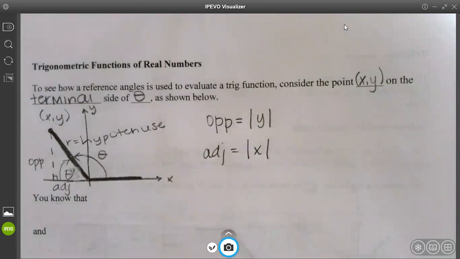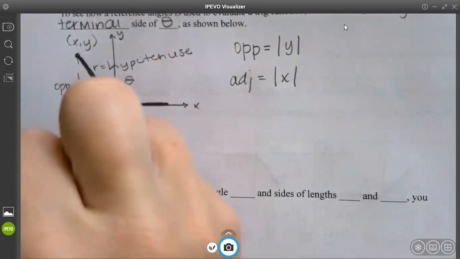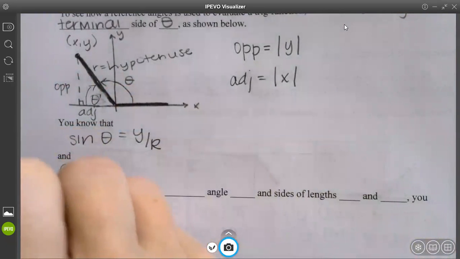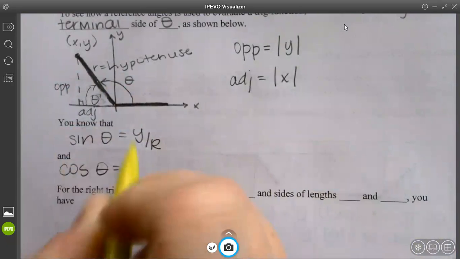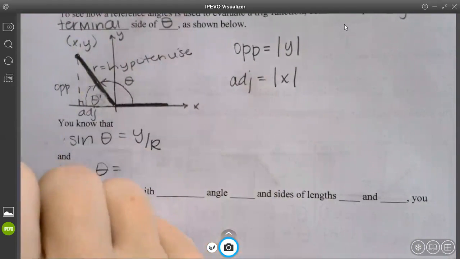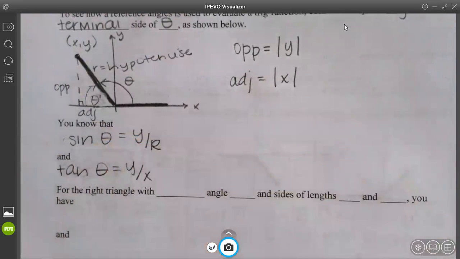This is the same picture that you've had. The only difference is they're adding absolute values on it. That's all. All right. So you know that sine theta is y over r, and tan theta is y over x.